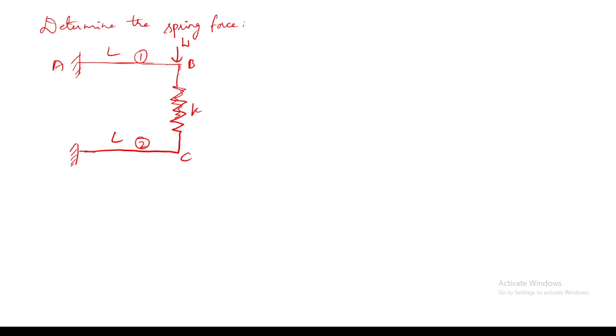You are having a concentrated point load at point B. So due to this, this member 1 will deflect something like this, and you are naming this deflection as YB1. And since you are having another beam here, what will happen? Due to this, this spring gets compressed, right?